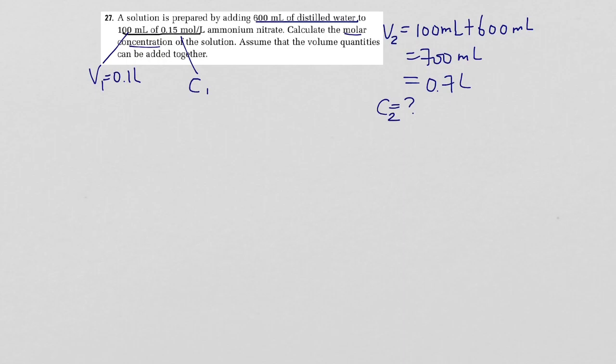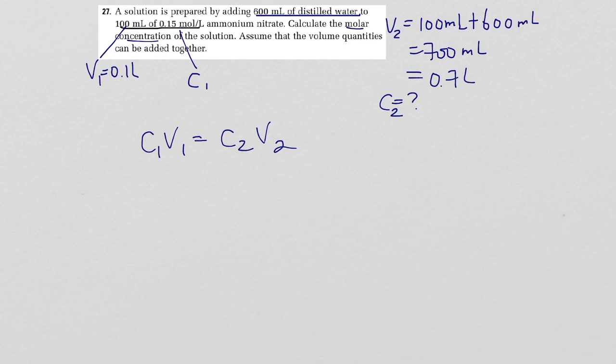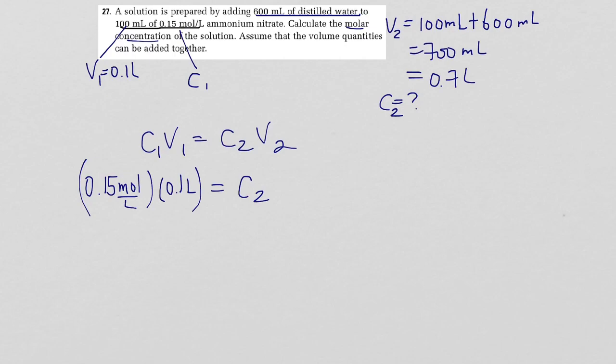So we have C1V1 equals C2V2, and C1 is 0.15 moles per liter times our original, you're using 0.1 liter, and then you want to figure out what concentration would be made after you've diluted it to a total volume of 0.7 liters.